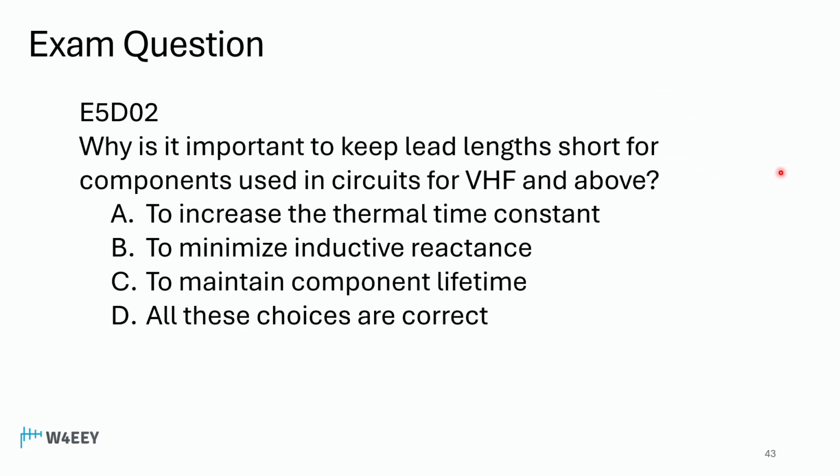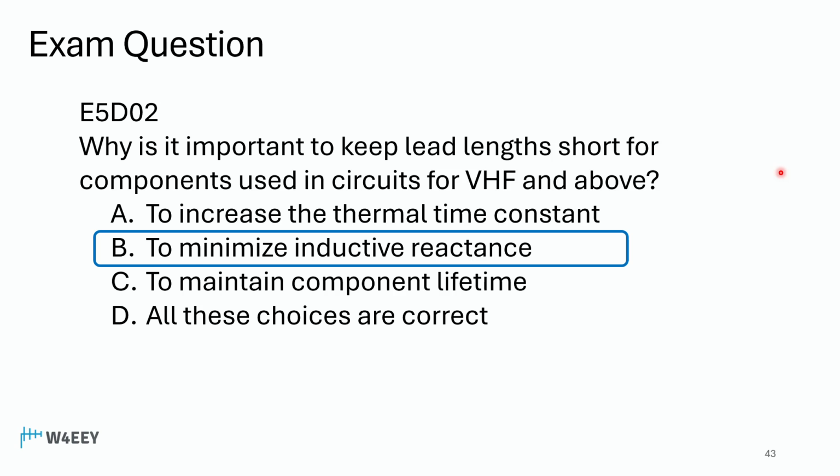Why is it important to keep lead length short for components used at VHF and above? Bravo. It is Bravo, to minimize inductive reactance. It might seem like for an inductor to be an inductor, it's got to be some kind of a coil.